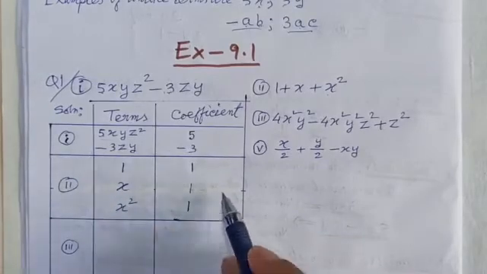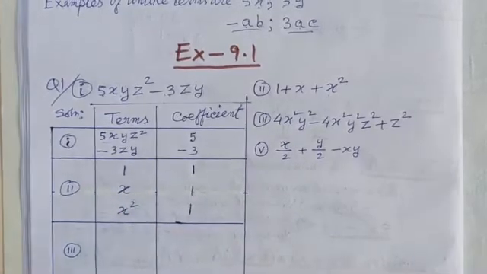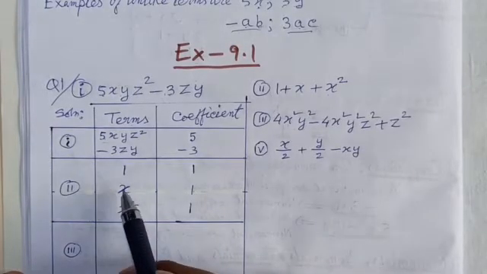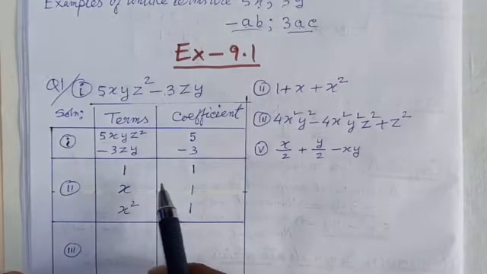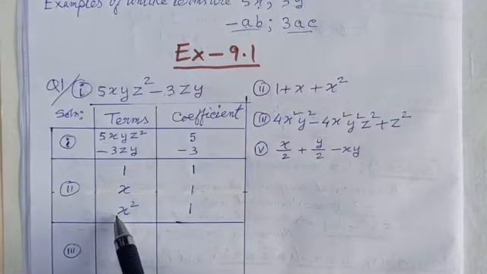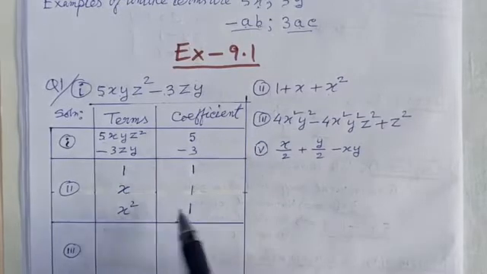See, here how comes this one? Here this x is with number 1, so this one is the coefficient of x, and here also there is 1, and we are not used to write 1, so this one is coefficient. Now Roman number 3.